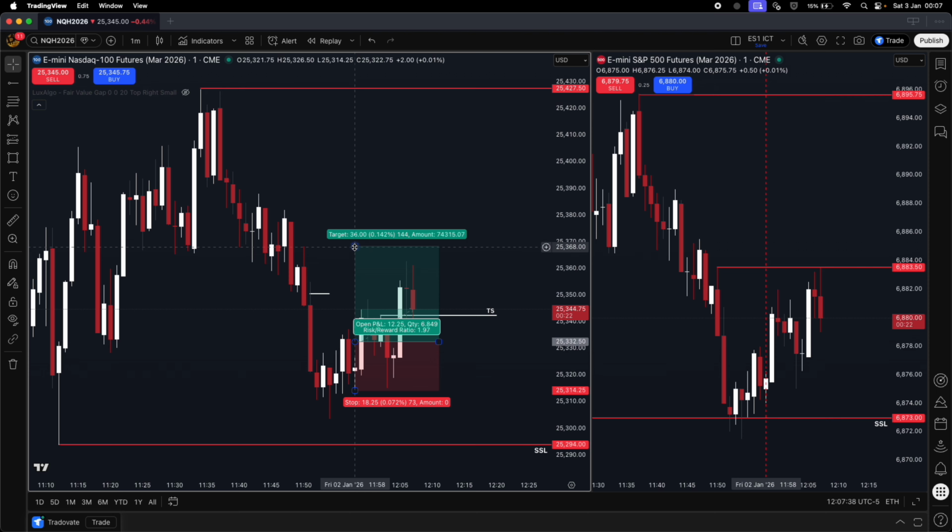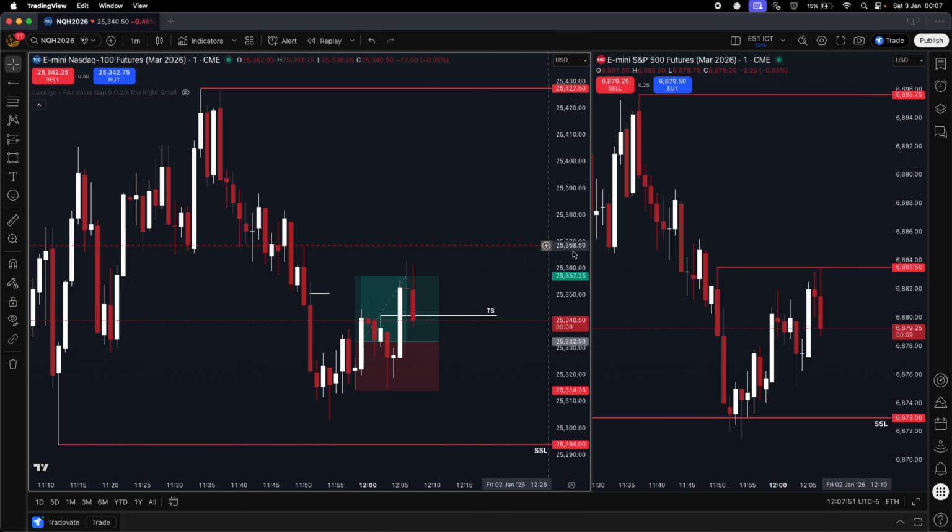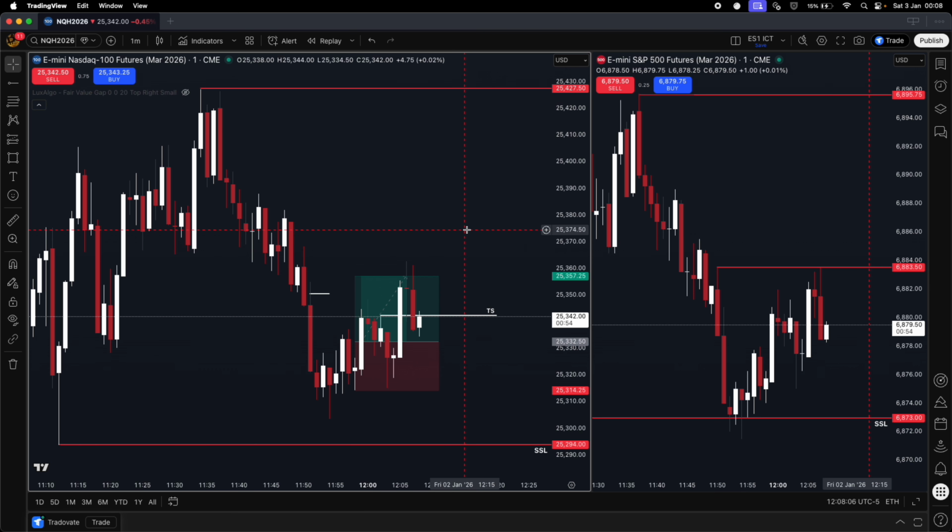So basically we got around a 1.35-ish risk reward, so we didn't get a full 2-to-1, as you can see, but ES tapped the high, essentially tapped the point where our TP is at on NQ. You can see it's the same high, so we closed out for a 1.35 risk reward.